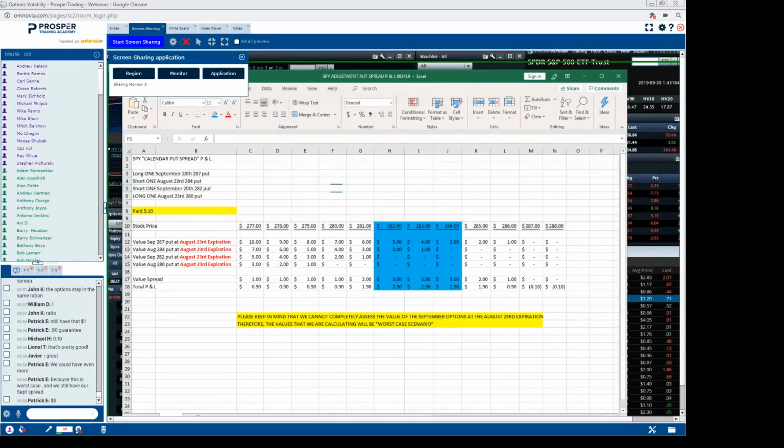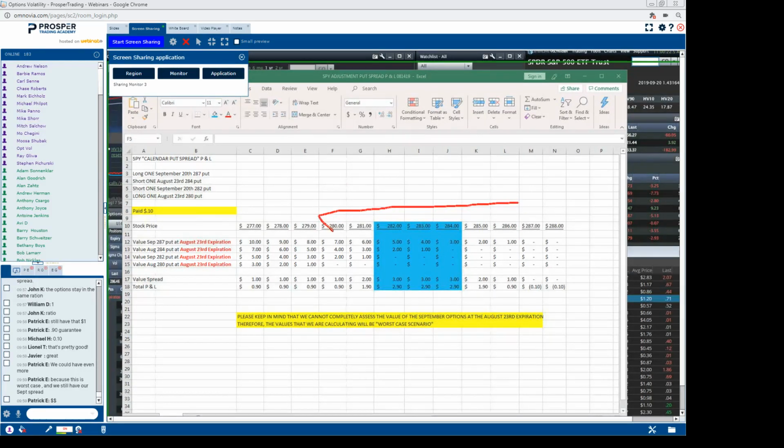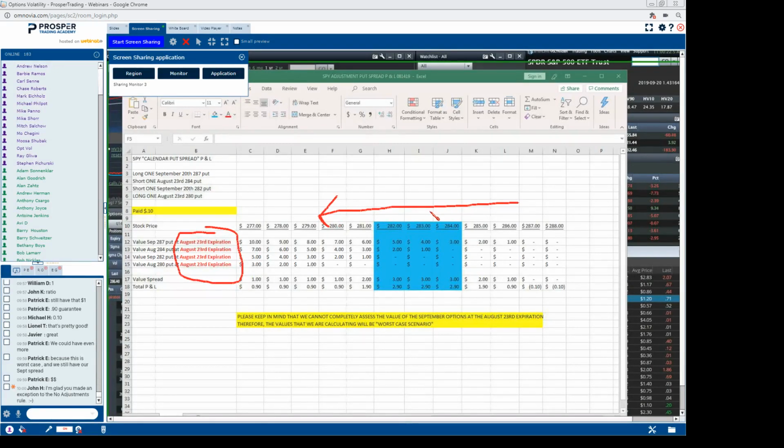So we have got all of this downside exposure to make money here over the next week and a half. Remember, I say week and a half because these values are all just based on next week's expiration. Okay? We can't lose money if SPY stays here or goes down in the next week and a half. We can only make money.